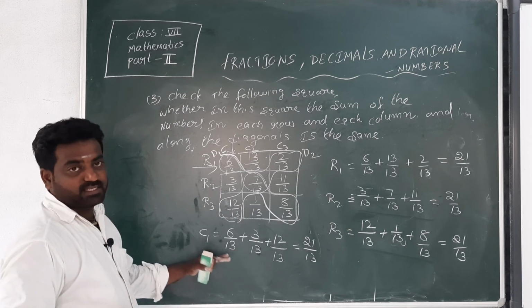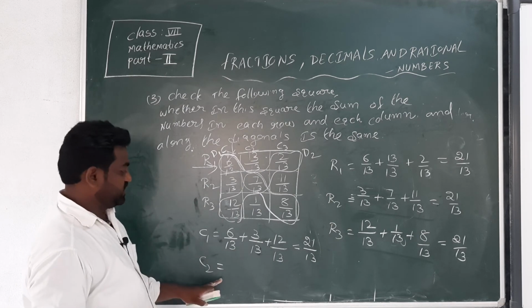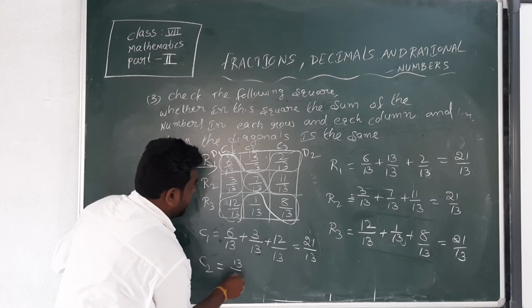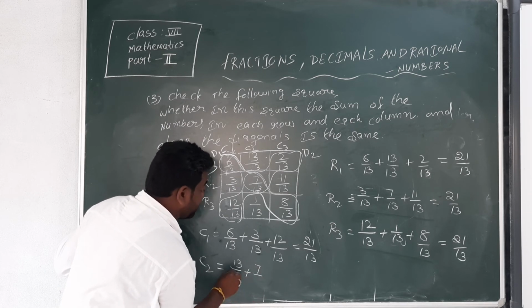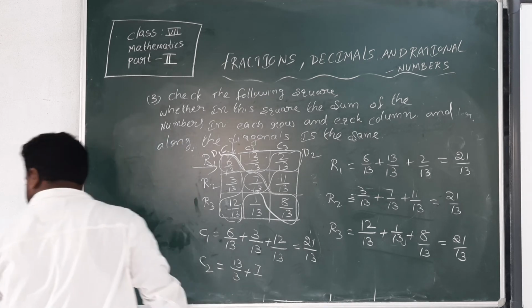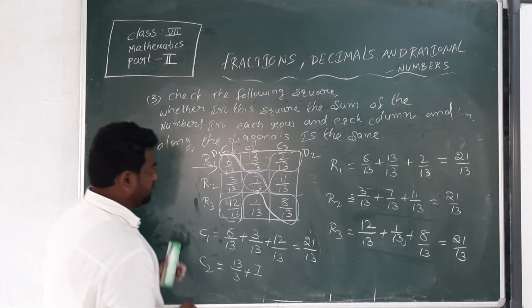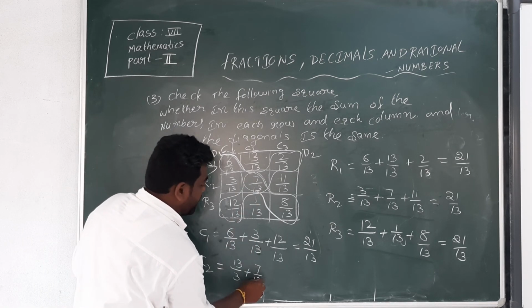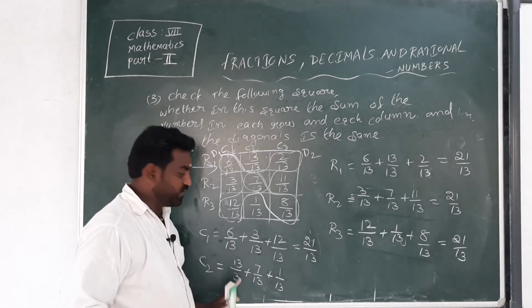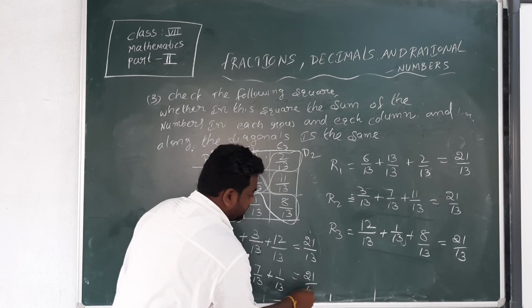C2, the second column: 13 by 13 plus 7 by 13 plus 1 by 13. 13 plus 7 is 20, 20 plus 1 is 21 by 13.